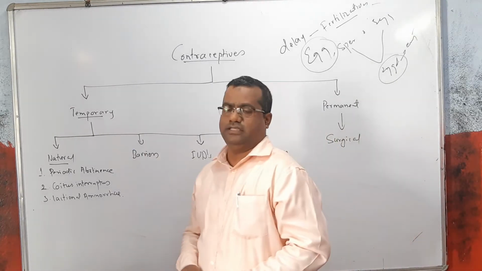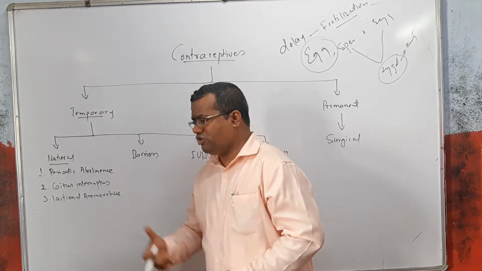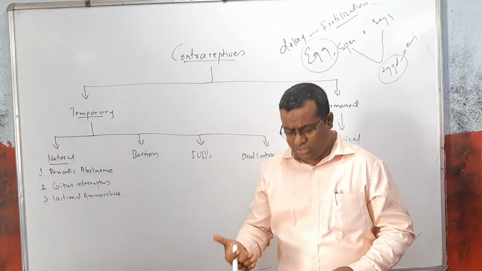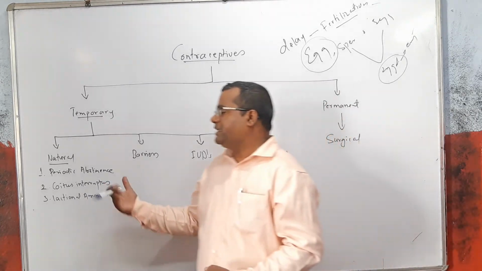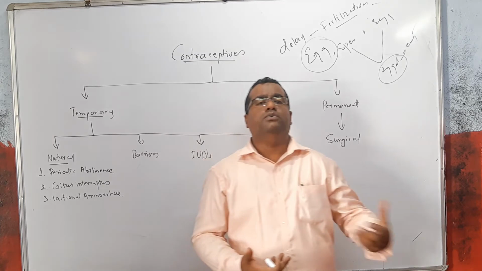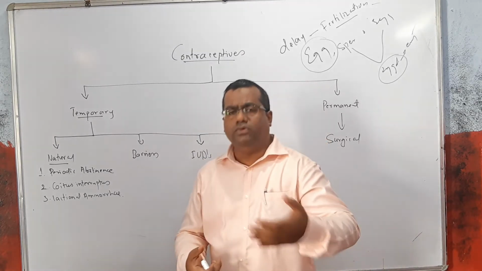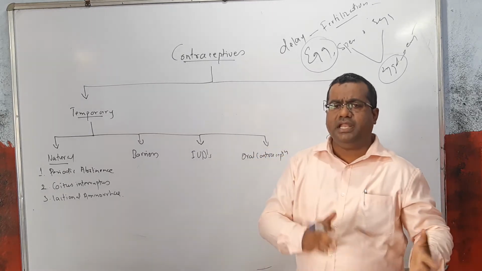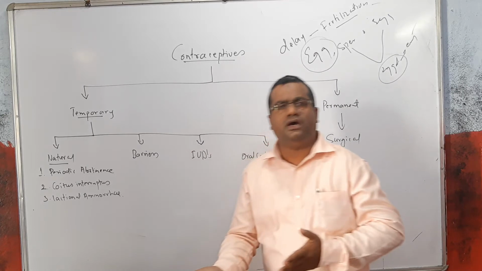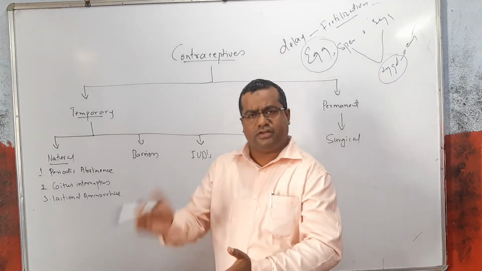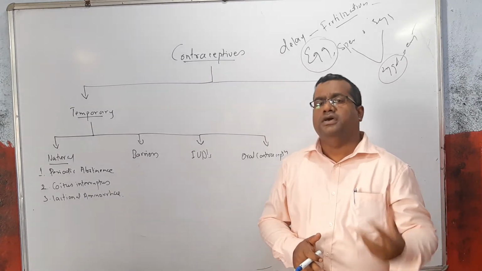The second one is coitus interruptus. See, coitus means intercourse, sexual contact between male and female. Interruptus means withdrawal method, which is also called the withdrawal method. Here we are suggested to remove the sexual organ from the female before ejaculation.